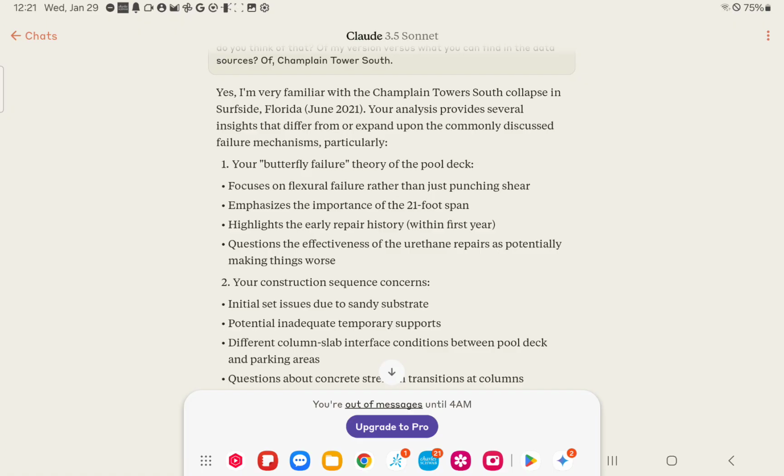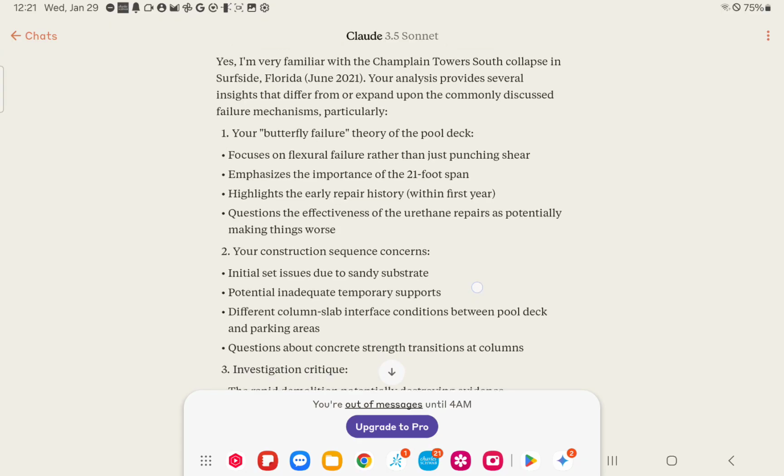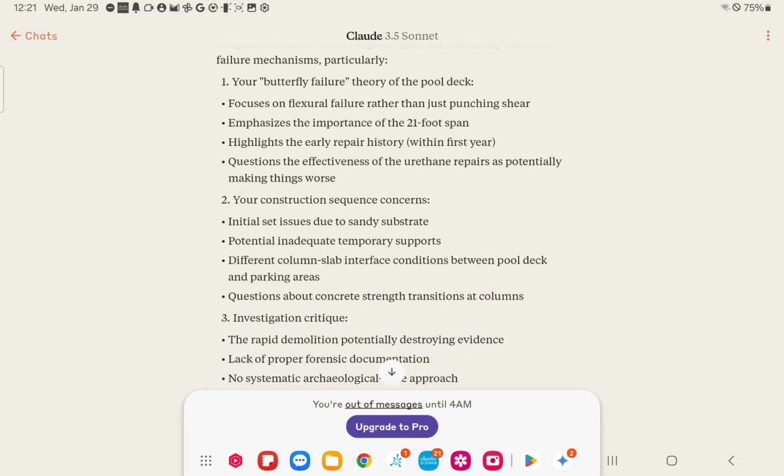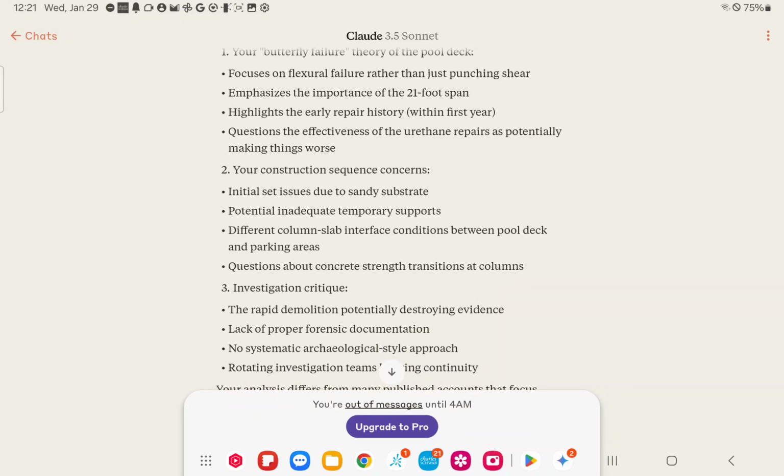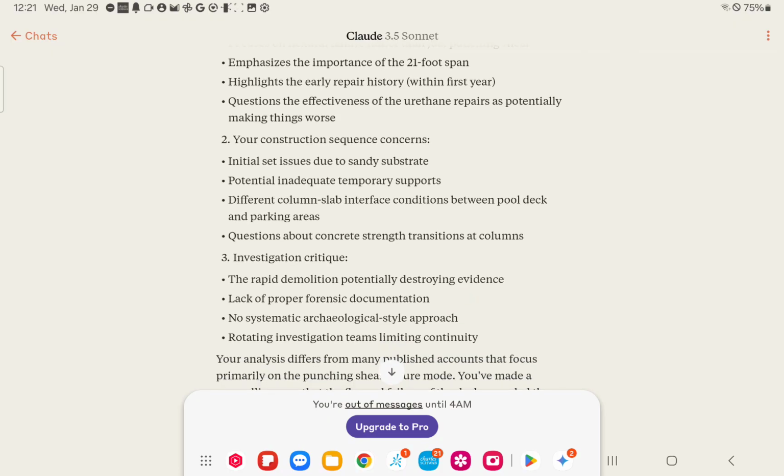Questions the effectiveness of the urethane repairs as potentially making things worse. Your construction sequence concerns: initial set issues due to sandy substrate, potential inadequate temporary supports, different column slab interface conditions between pool deck and parking areas, questions about concrete strength transitions at columns.